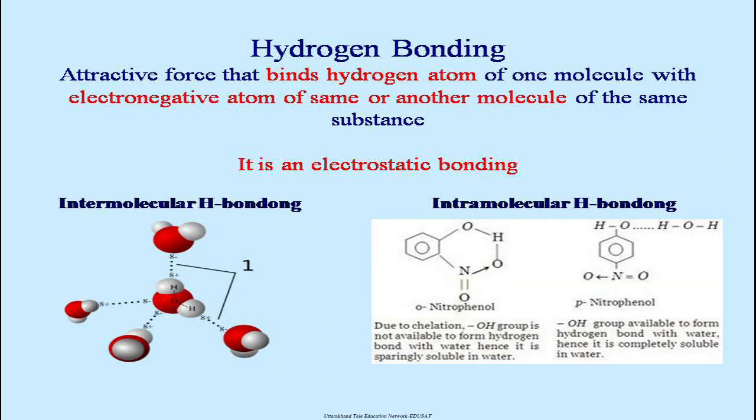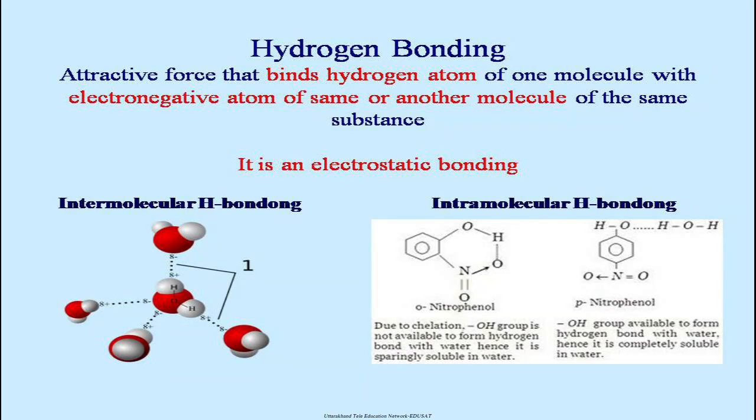The next type of bonding is intramolecular hydrogen bonding. Intramolecular hydrogen bonding means the bonding between the hydrogen and an electronegative atom of the same molecule. This type of bonding takes place within one molecule.